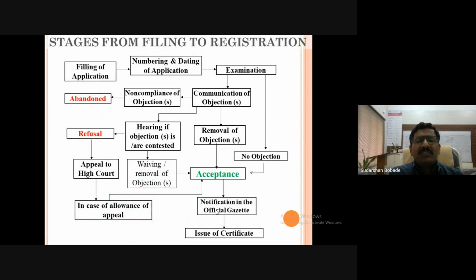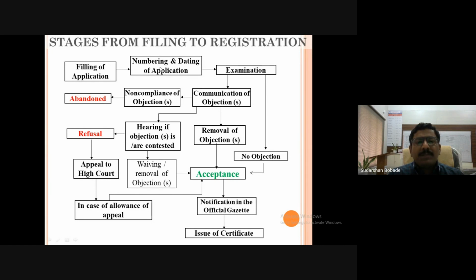Next one, the stages from filing to registration. When we are about to file any application, the very first thing will be the successful submission of the payment. We are about to get one number, and related to that, the payment and the submission date for that application will be available.